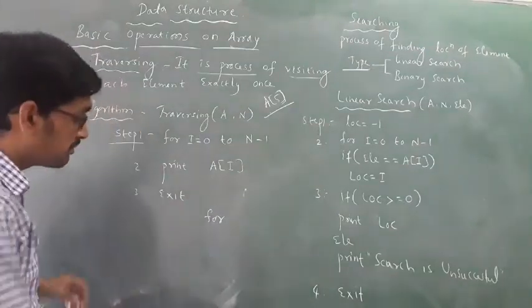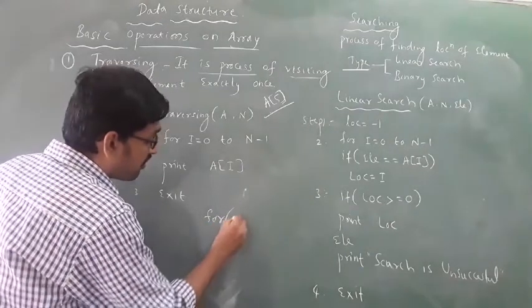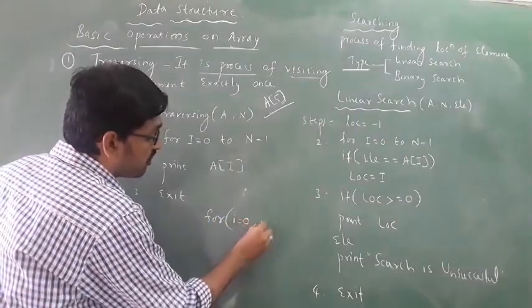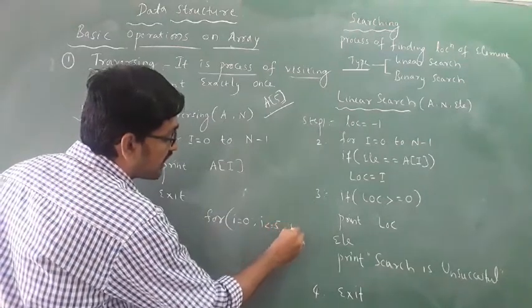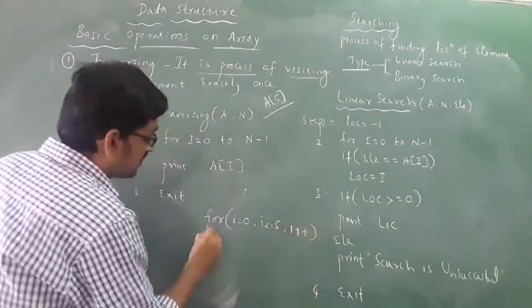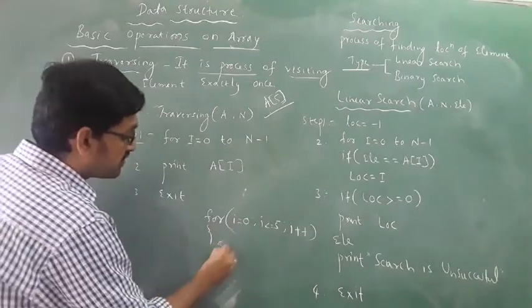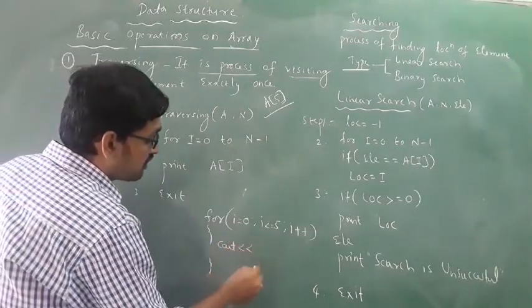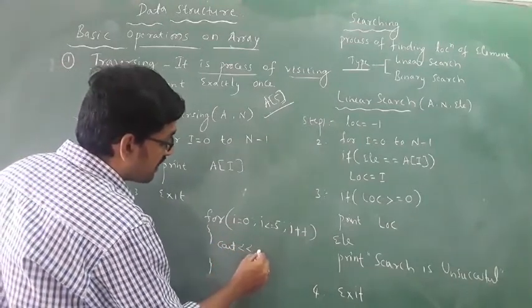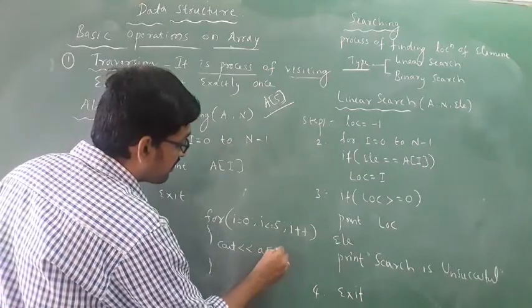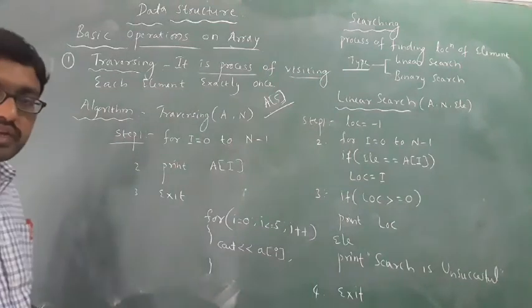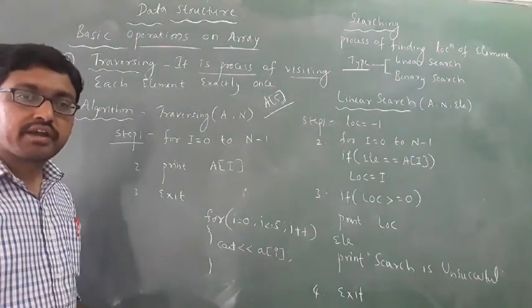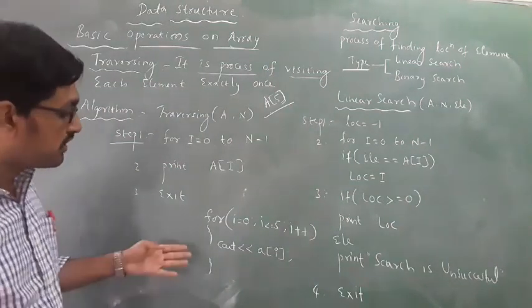Okay, I want to display numbers. Then what do you write? For I equal to 0, I is less than equal to 5, then I plus plus. Then I write cout A of I. See, then how will it be executed?